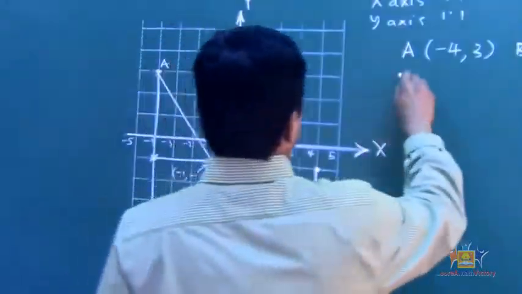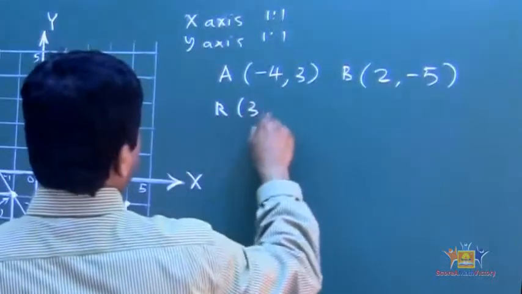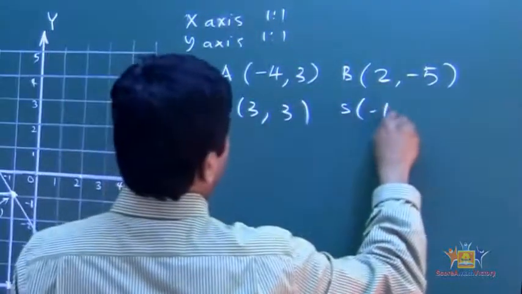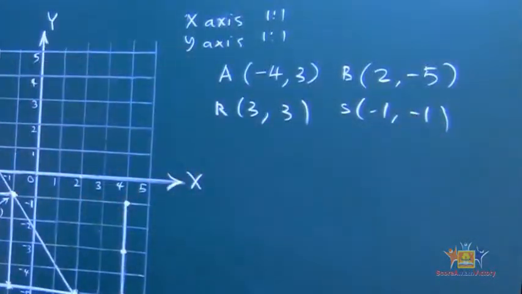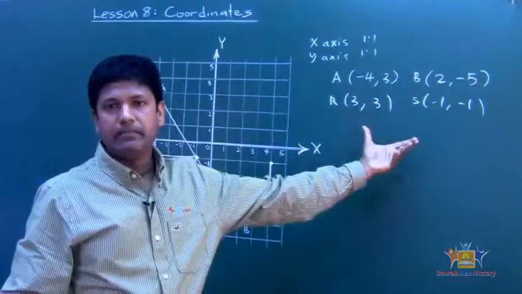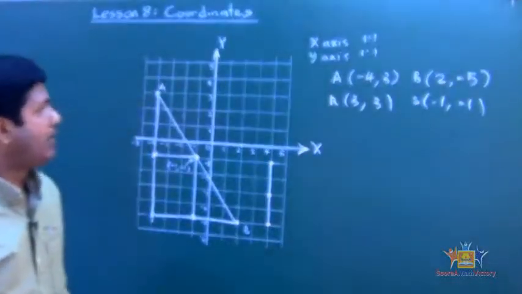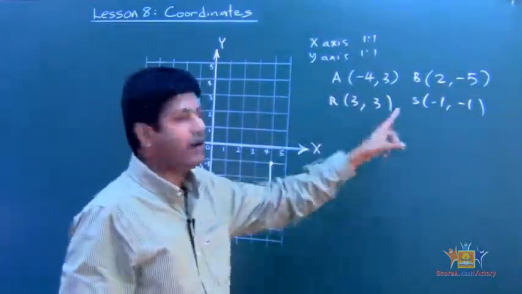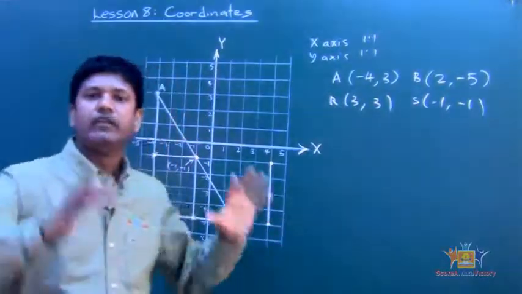Let's say this time R is (3, 3) and S is (-1, -1). We want to find the midpoint for the line RS, for the 2 points R and S. What do we do? We plot them.